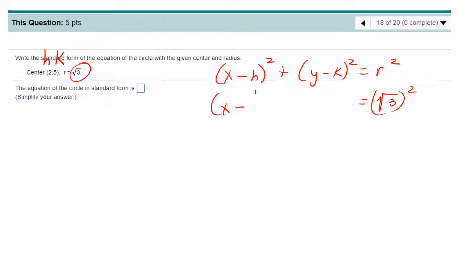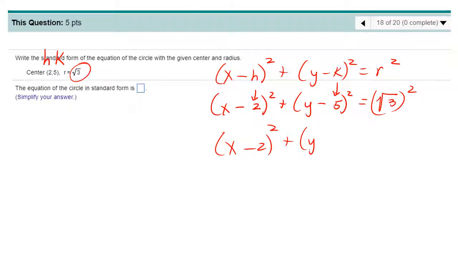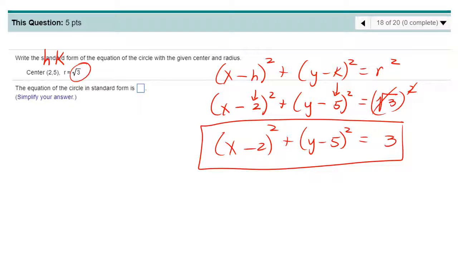So I will substitute in a 2 for the h. Then I will come down here and substitute in the 5 for the k. Simplify a bit to get x minus 2 quantity squared plus y minus 5 quantity squared equals 3. Because if you recall, when you square a square root, that symbol is out of there. So this is what you would type in for the answer.